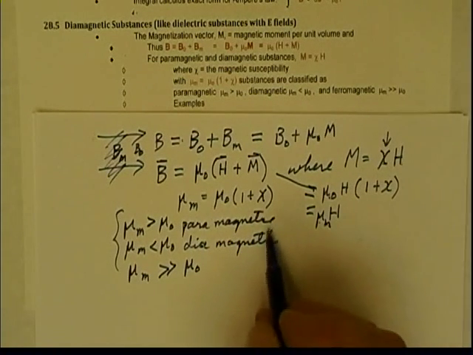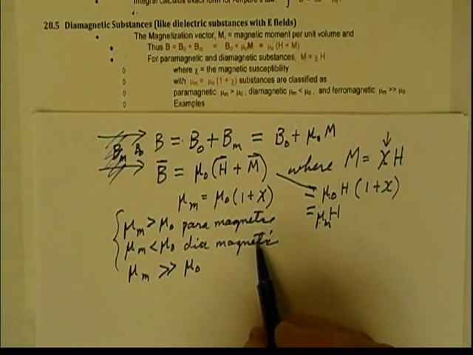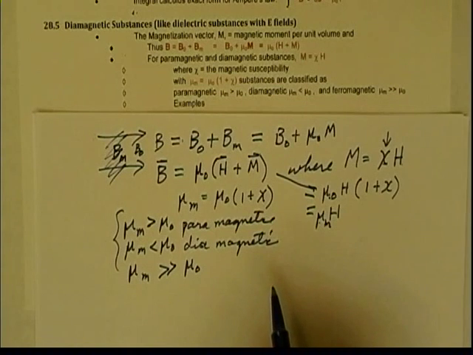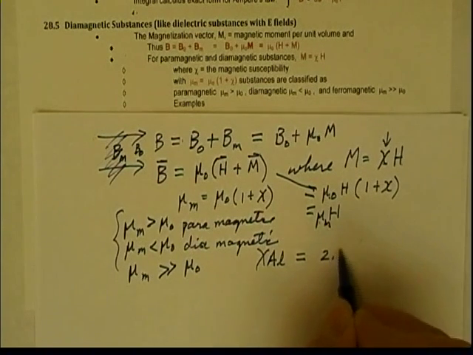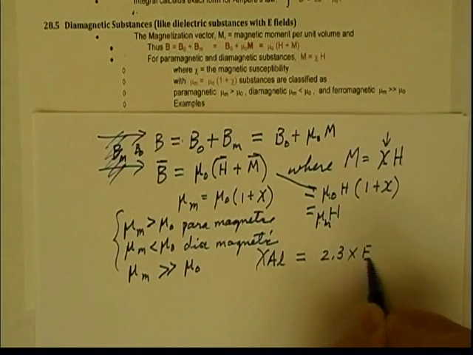Well, let's look at some examples of these different types of substances. Paramagnetic substances. Examples of those would be aluminum, calcium, chromium, lithium, magnesium, niobium, oxygen, platinum, and tungsten. For just one example, chi for aluminum is 2.3 times 10 to the minus fifth.